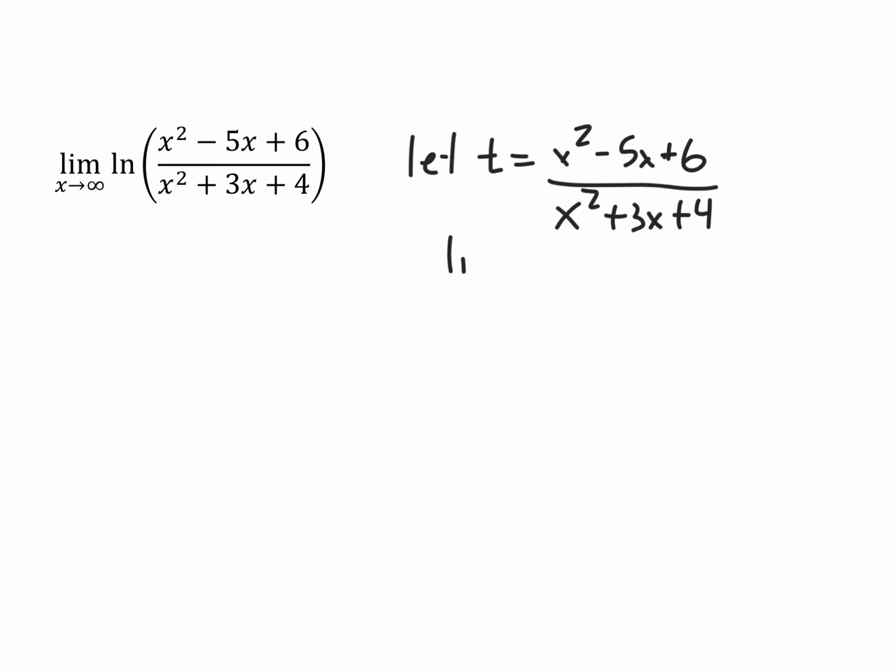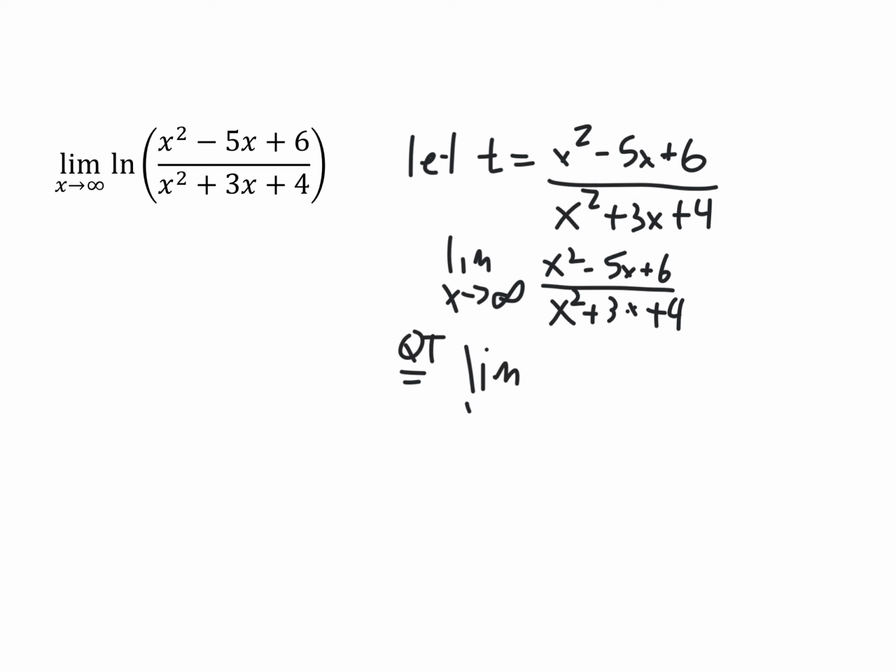So we could say, well, we have the following. The limit as x approaches infinity of x squared minus 5x plus 6 over x squared plus 3x plus 4 will be equal to, with the quotient theorem, the limit as x approaches infinity of x squared over x squared, which will just be equal to 1.